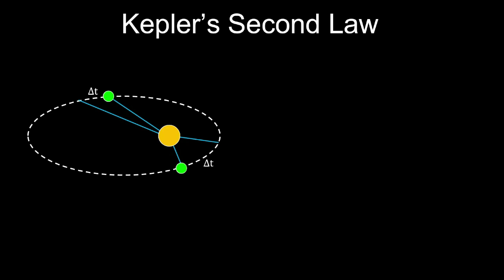Kepler's second law states that the radial vector from the Sun to a planet sweeps out equal areas in equal times. So recall that we showed that the orbit was elliptical and planar. So the planar condition was that the cross product between a position and velocity vector was constant.